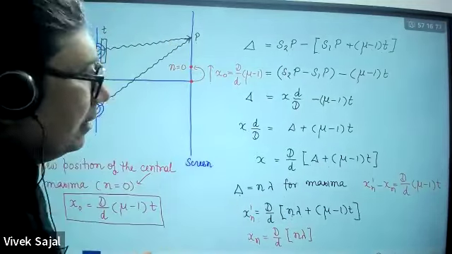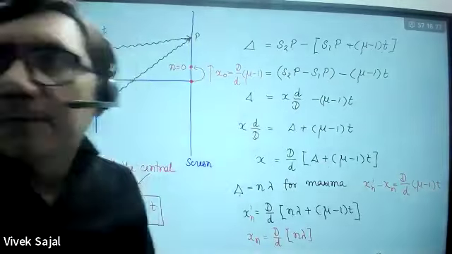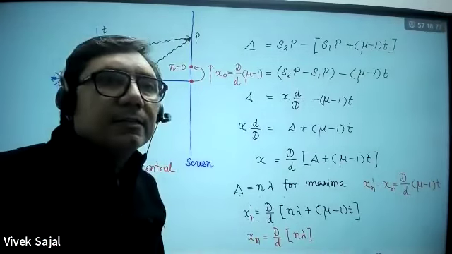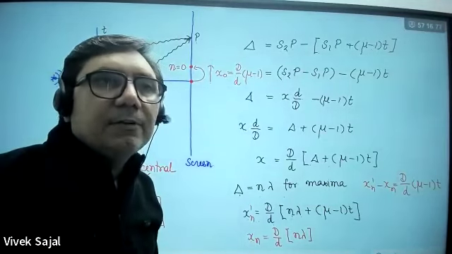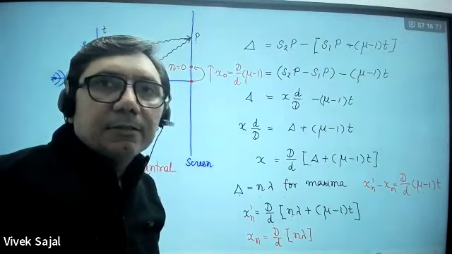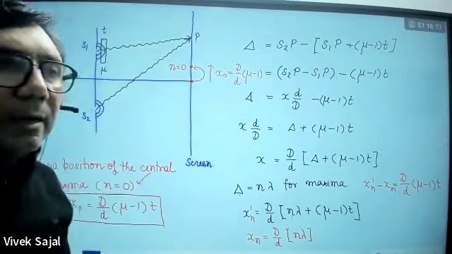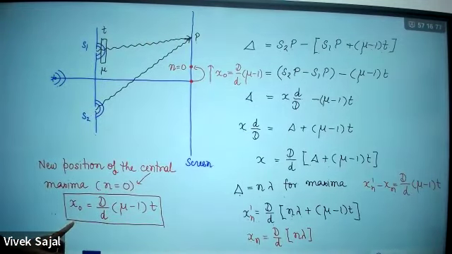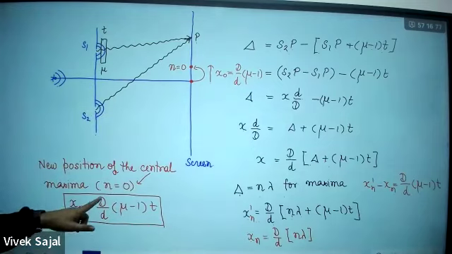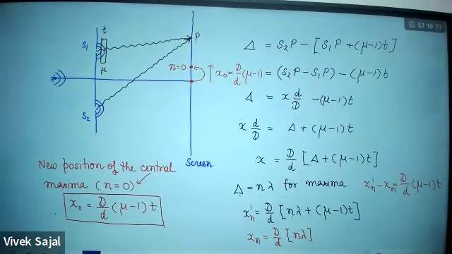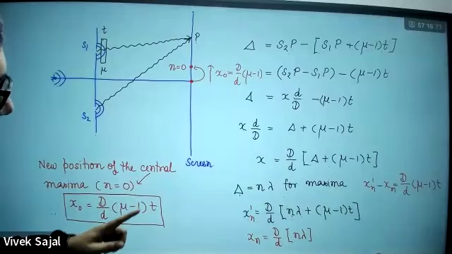So you can write here, it means all the maximas are shifted in the upward direction by a distance x naught, equal to capital D by small d, mu minus 1 into t.